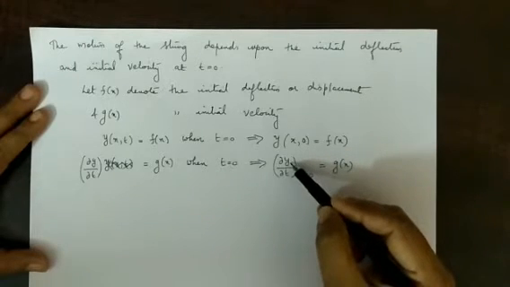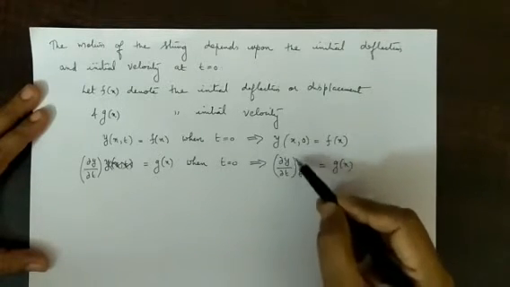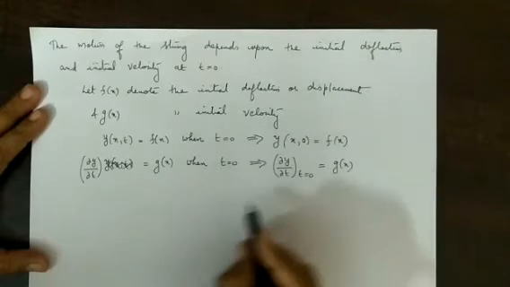Distance or displacement by time will give velocity.